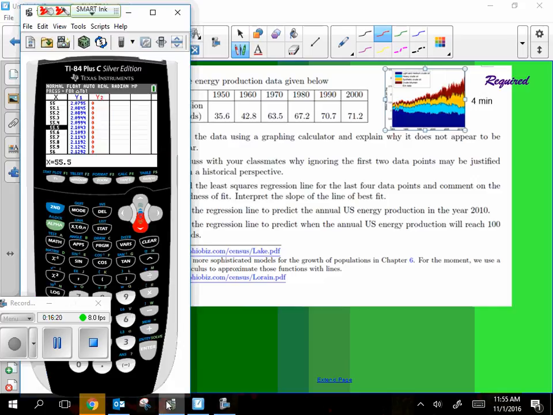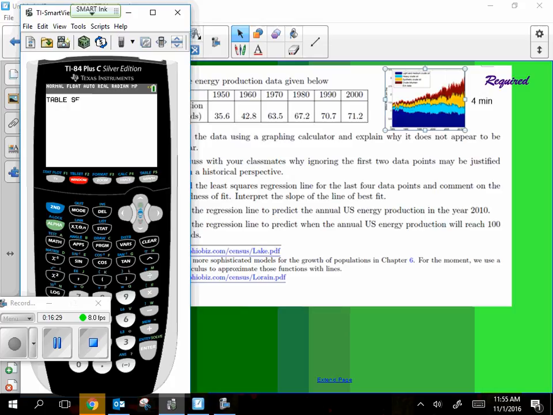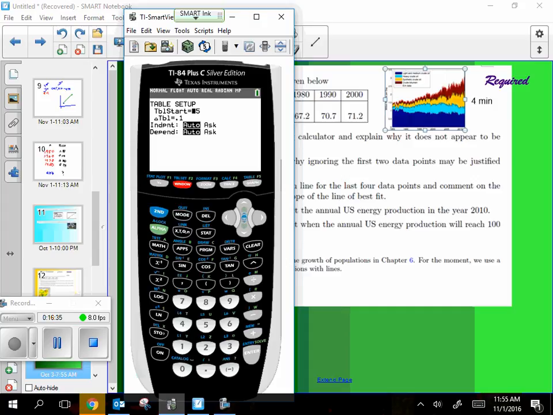If I had 1950s in here, I go to table settings, which is above, second here, right there, and then make my table settings start in 1950 instead of at like 50. And then you probably want to count by ones then, not point ones. All right. So that's all I got for you for today.